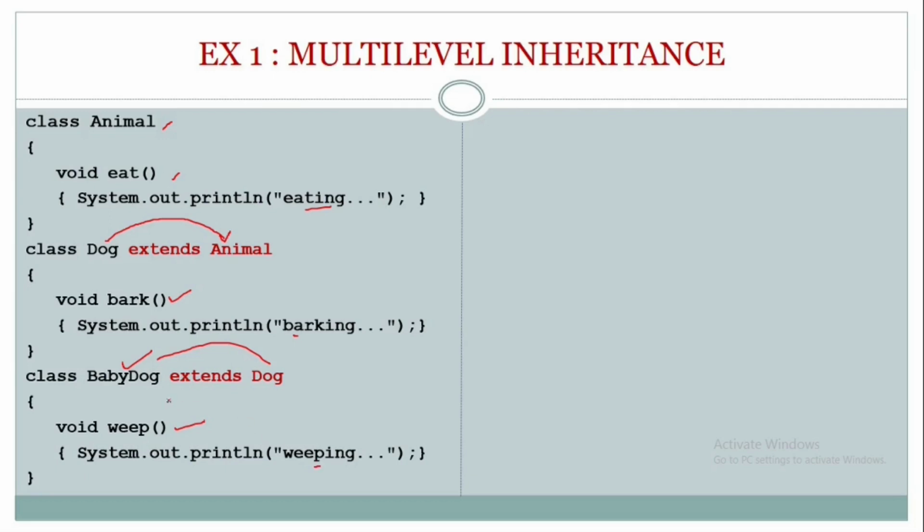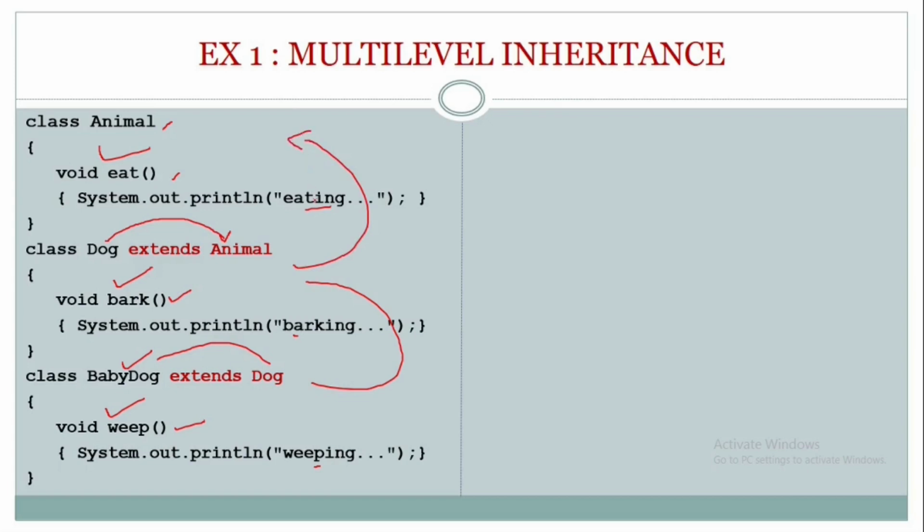Now suppose I create an object of this baby dog, it can access the method weep, and it can also access the method bark, and the method eat, because the baby dog will inherit the properties and methods of dog as well as animal. As you can see, this is called multi-level inheritance. This baby dog inherits dog and dog inherits from animal.